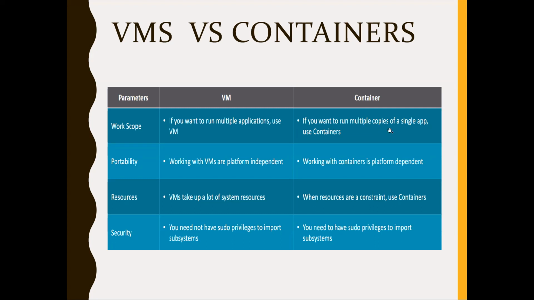If you want to run multiple copies of the same app, say on that VM I want to run 100 containers of this weather application, or a gaming application, then you prefer containers. The basic thumb rule is one application per container is the best practice.